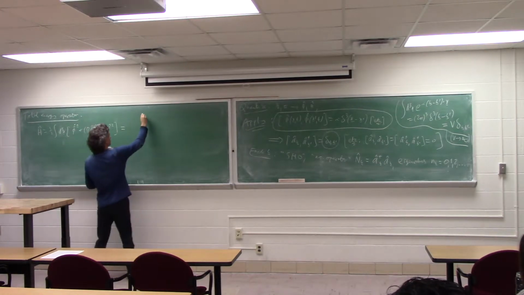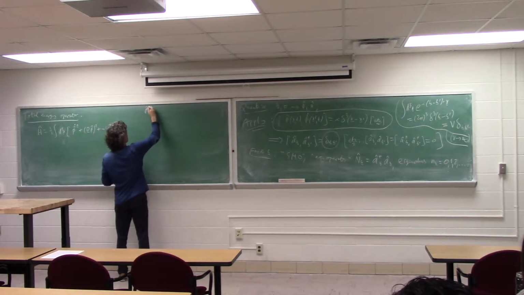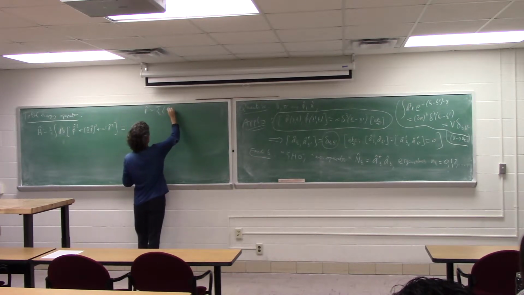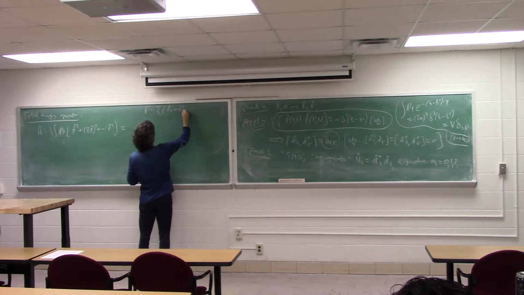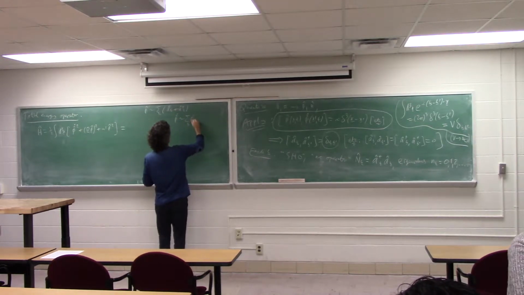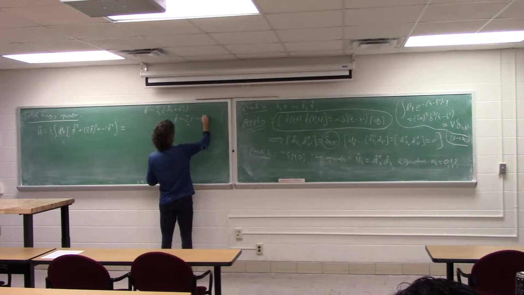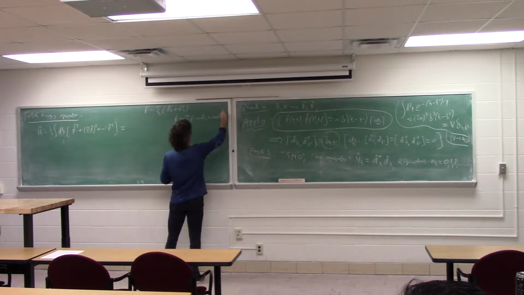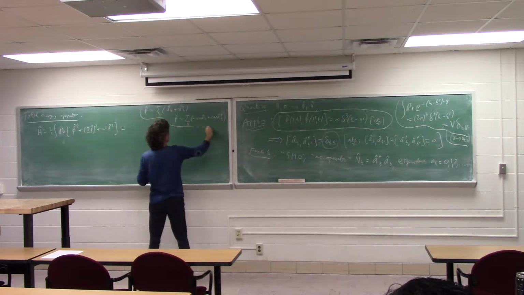Remember, phi hat is a sum over plane waves of A hat k plus A hat dagger k, and phi hat dot is similarly a sum where there's a minus i omega A hat k plus i omega A hat dagger k. Just writing schematically, you know what I mean.